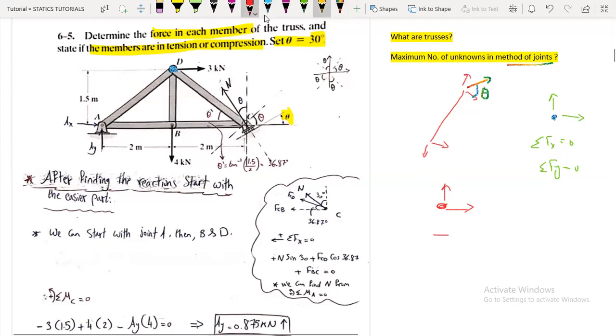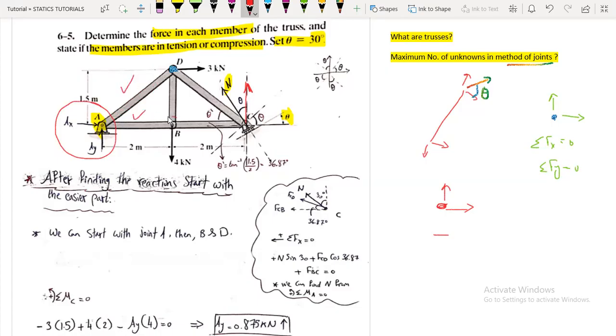So here we should find first the normal force of the roller and the reaction at pin A. Now, just for your information, if the roller was straight vertically, there is no need to find N. We can find only the reactions at A and start from joint A, and we will get the force in members AD and AB.